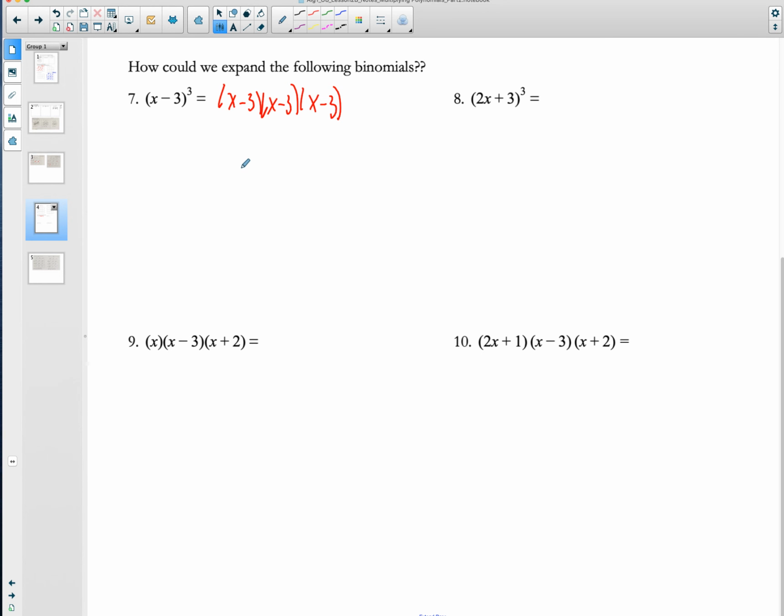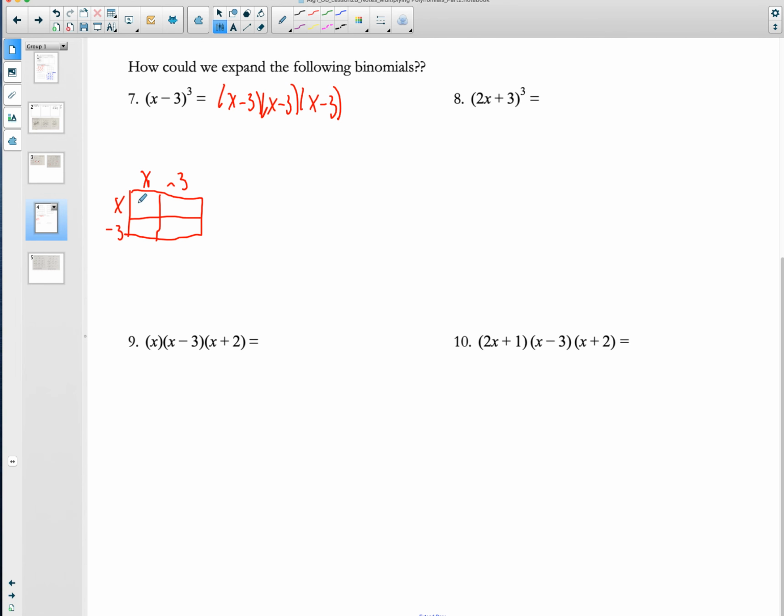Now, the second piece is that this is really a 2-part problem. So the first thing we have to do is x minus 3 times x minus 3. So you're going to have to come over here and draw your area model. And then I'm going to have x minus 3 and x minus 3.